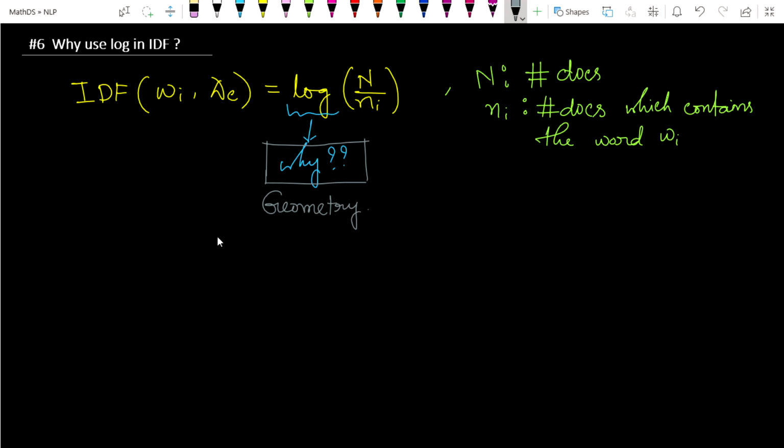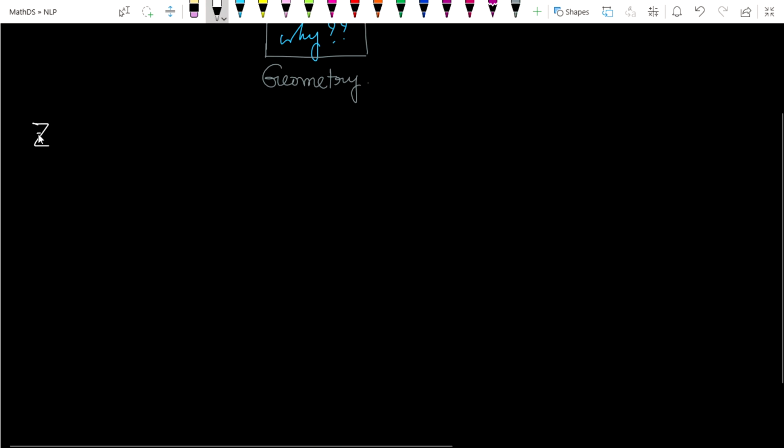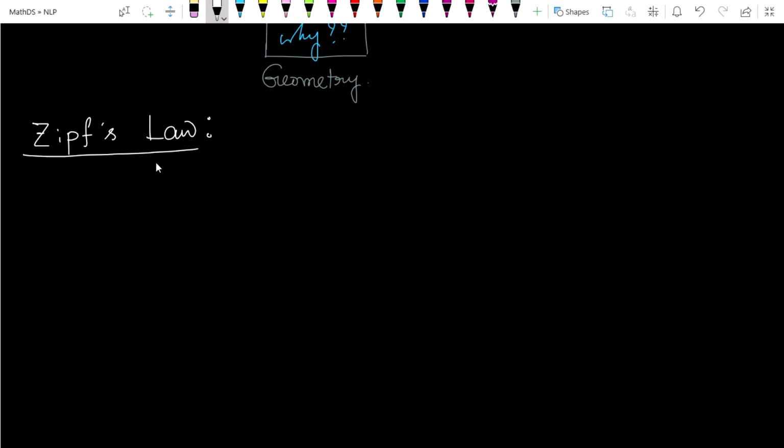To understand it, one thing we have to understand is Zipf's law. What is this law? It is a well-known, popular and fundamental theorem in the NLP area.